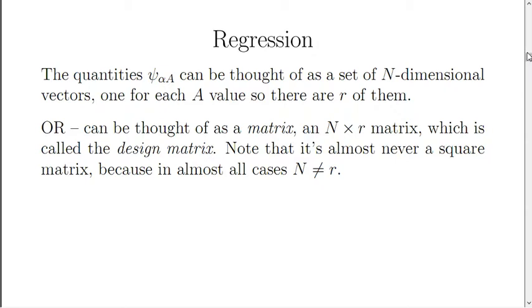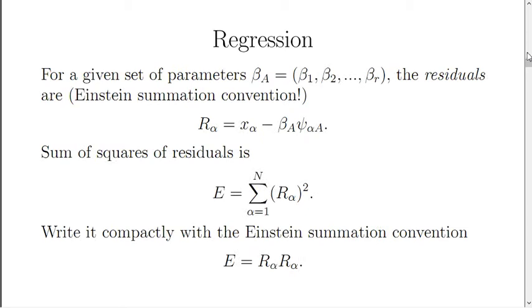Note that it's almost never a square matrix, because in almost all cases, the number of data points is not equal to the number of trial vectors. For a given set of parameters, the residuals are given by this equation. And notice that I have a sum over all possible values of A because it's a repeated index in a product, so the Einstein summation convention applies.